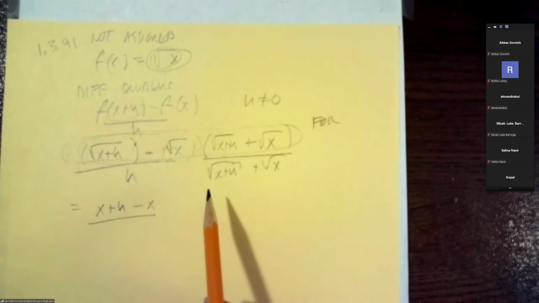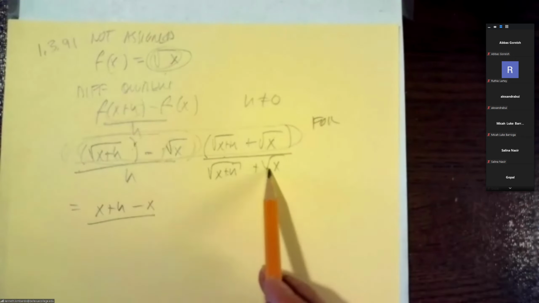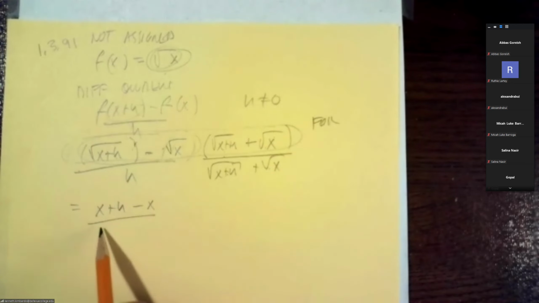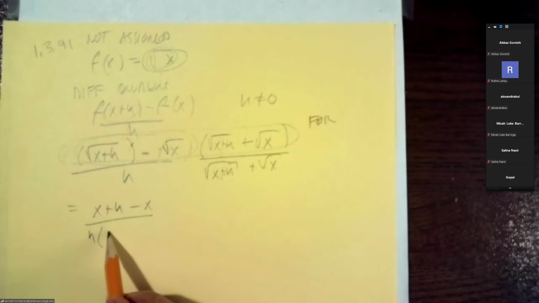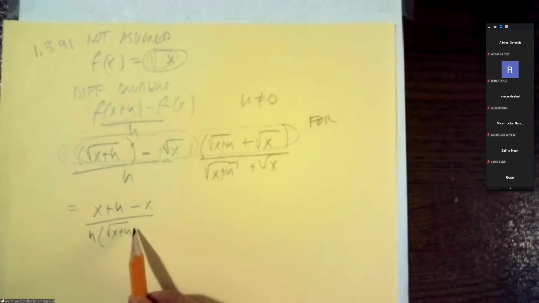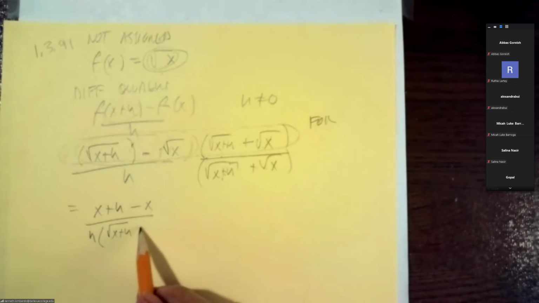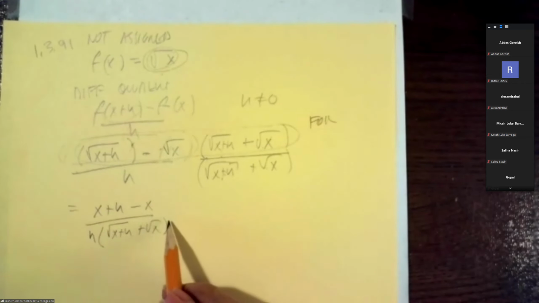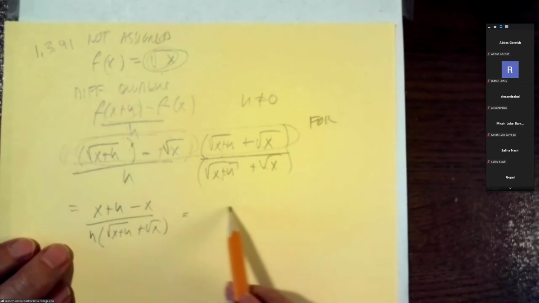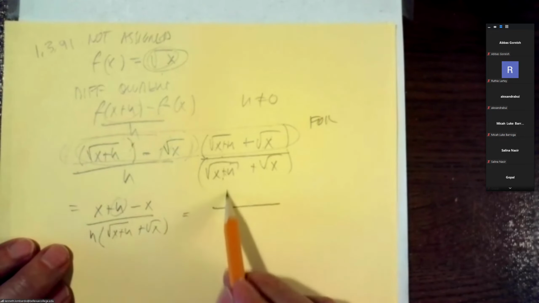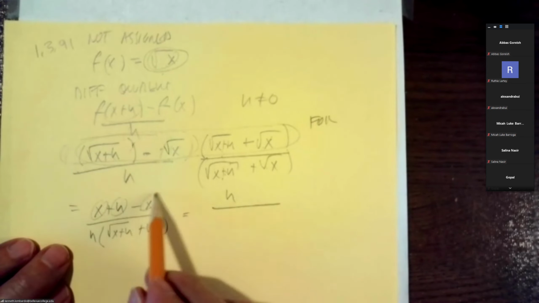And let's see what we have in our denominator. We have h times this thing. So that's h times the first term, which is root x plus h, and then the second term, root x. And so in the numerator, we have an x and a negative x. Those are going to go away, aren't they?